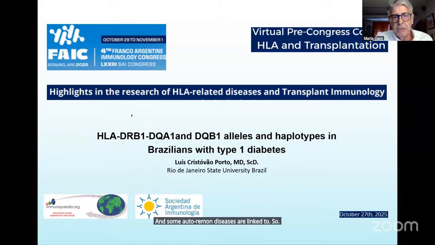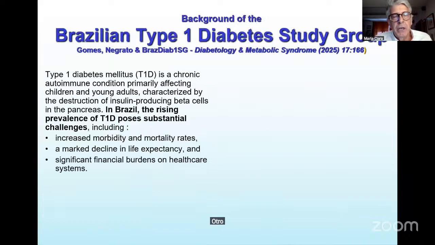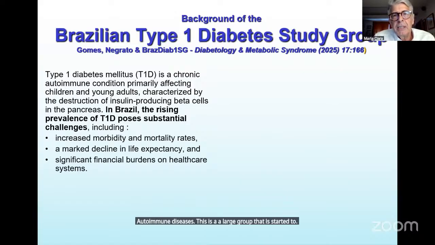As Dr. Anis noted, class 2 alleles are associated with type 1 diabetes as an autoimmune disease.